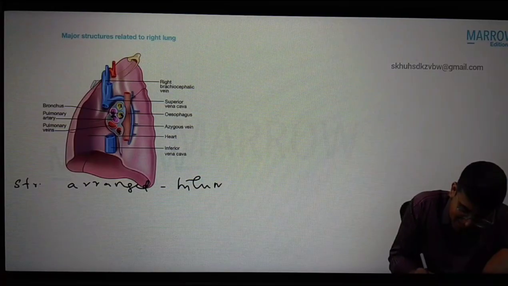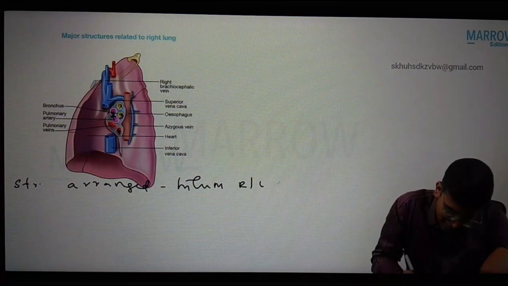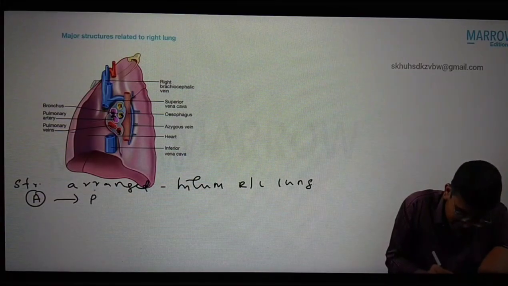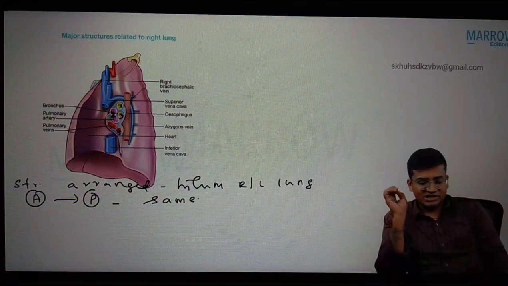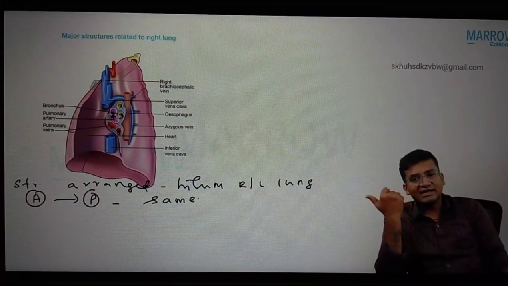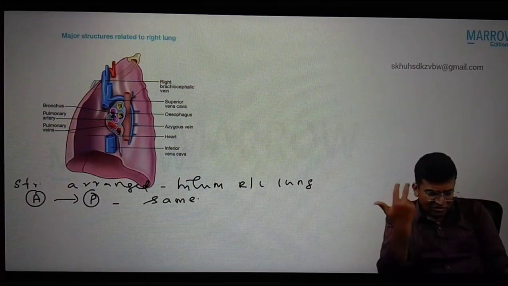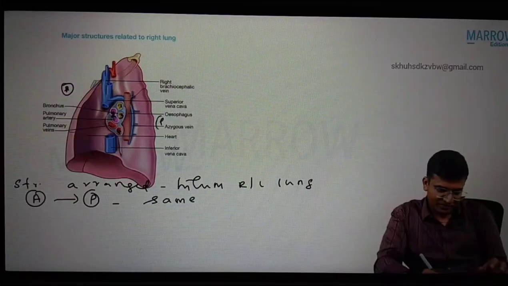Okay. So the structures arranged in the hilum of the right lung and left lung from anterior to posterior are the same. The anterior-most structure, see the diagram? Now this is anterior and this is posterior.